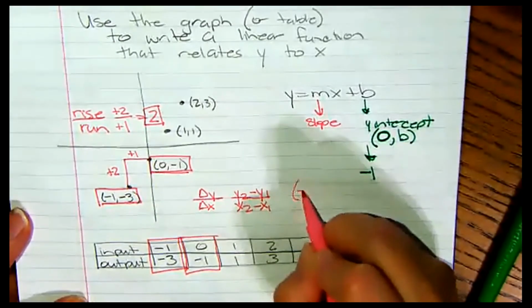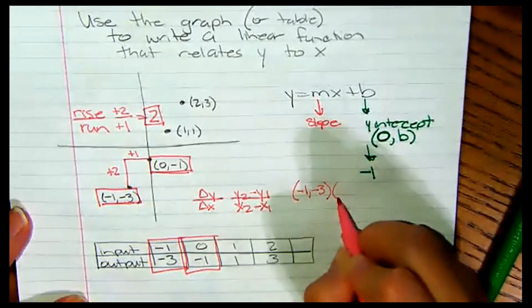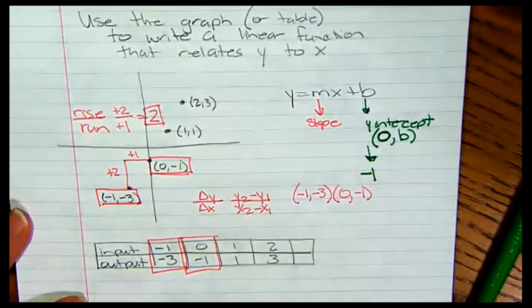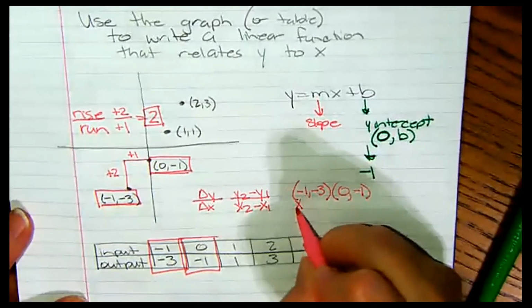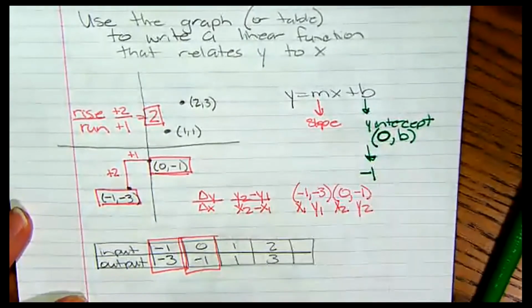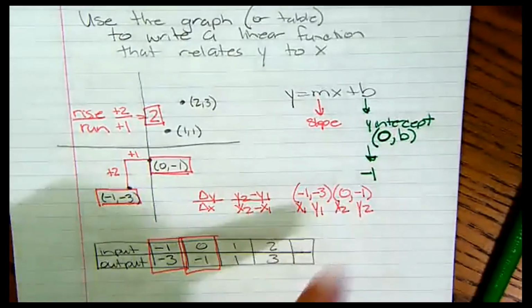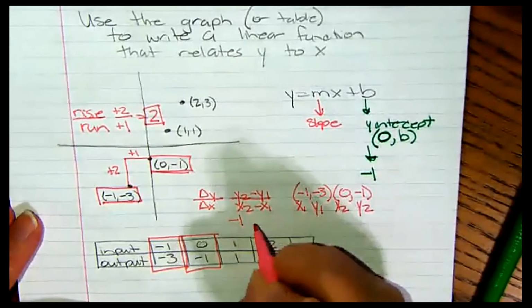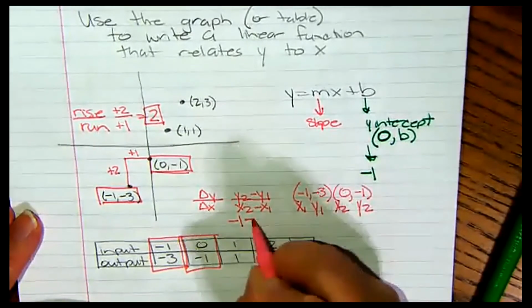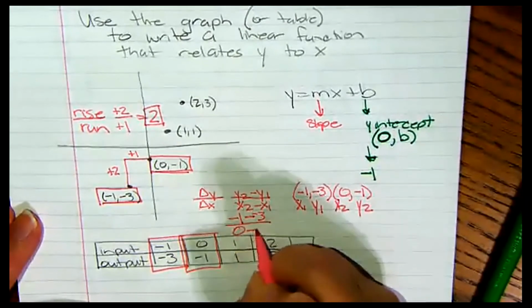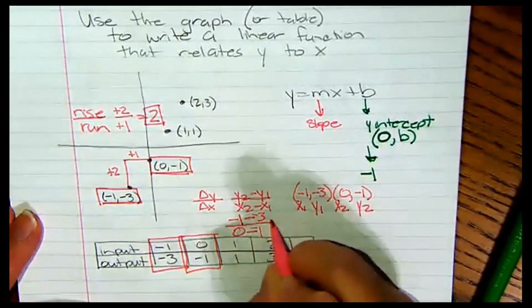So we have -1, -3, 0, -1. We need to label them: x1, y1, x2, y2. Then we're going to substitute these numbers into this equation: -1 minus -3 over 0 minus -1.